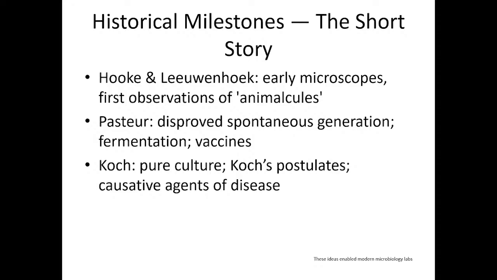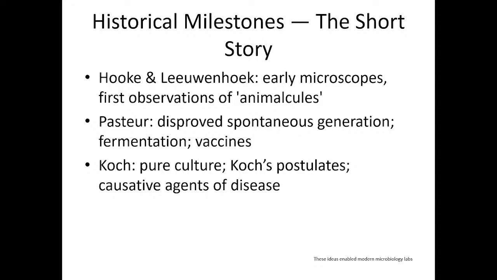So it was Louis Pasteur, and he also advanced knowledge in vaccine biology. It was during Pasteur's time that we came about what can be regarded as a vaccine. Then Robert Koch was the one that talked about pure culture, the Koch postulates.